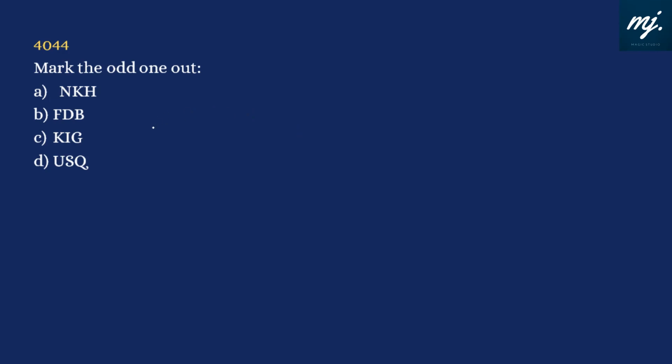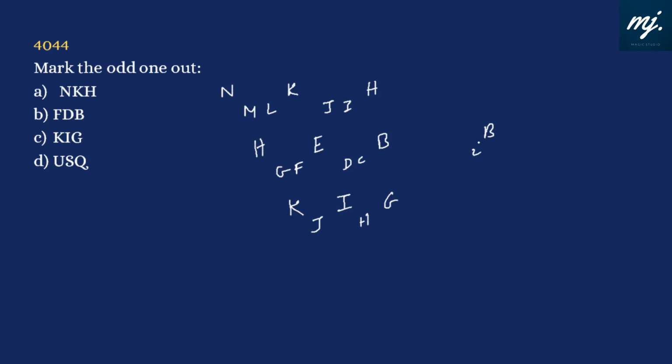Another one in odd one out, and these are the alphabets that we have. N, K, H, G, H, I, J, K, L, M, N, B, C, D, E, F, G, H, I, J, K. Okay, so it should be B, C, D, E, F. These two are fitting now.